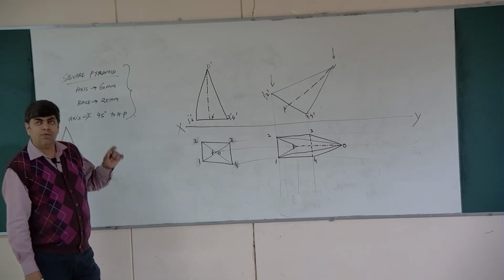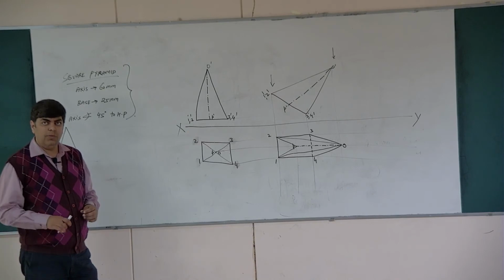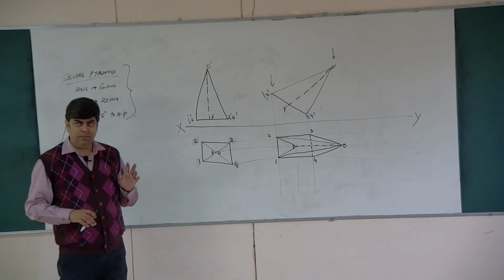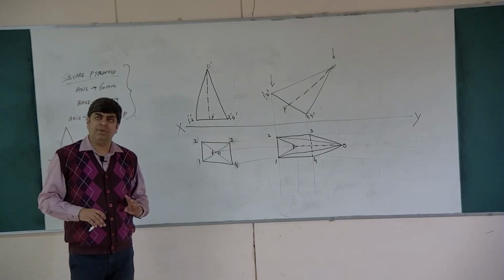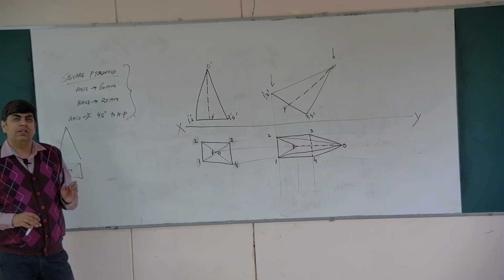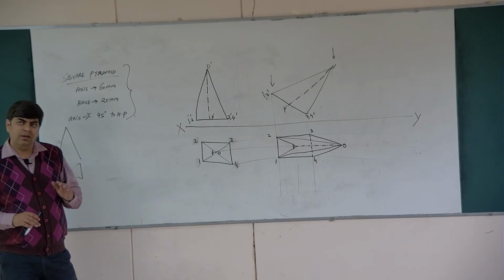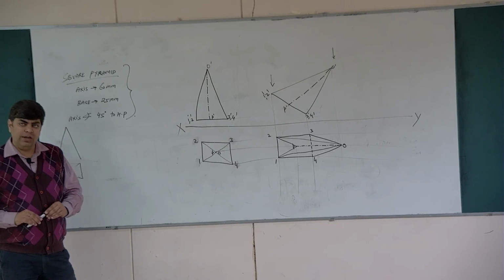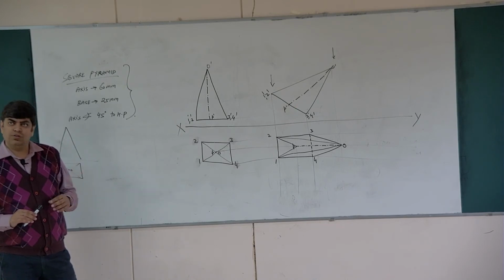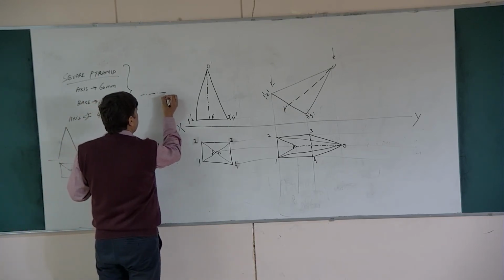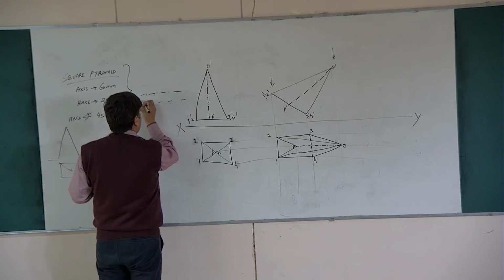So the concept of continuous and hidden, I hope it is clear by now: the points which are nearer to XY will be hidden. The axis line, irrespective of continuous and hidden, has to be shown dash dot, dash dot. There is a difference between axis line and hidden line. Axis line is dash dot, dash dot. Hidden line is dash, dash, dash. And the solid line, you know. So there are 3 types of lines: dash dot, dash, and continuous.